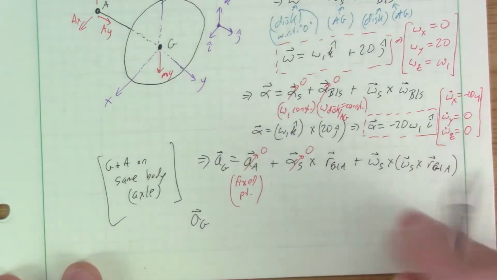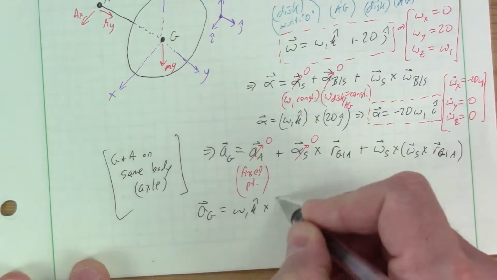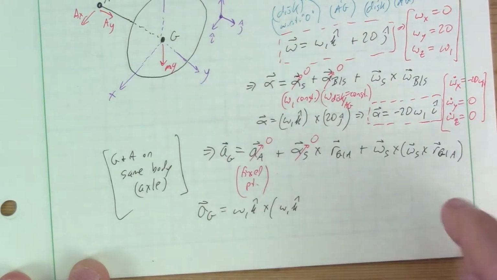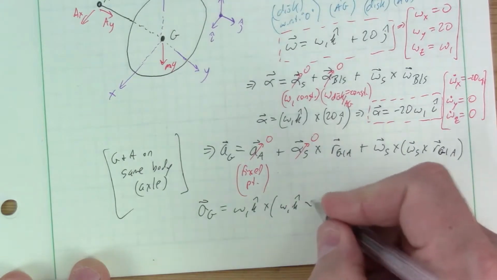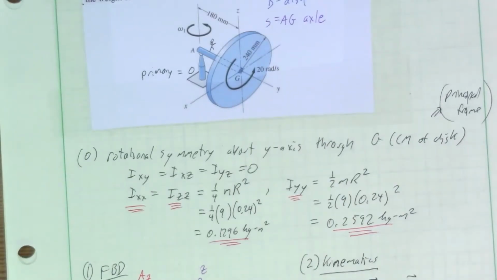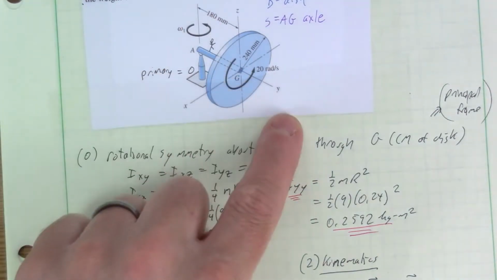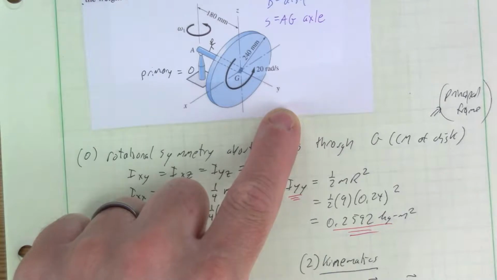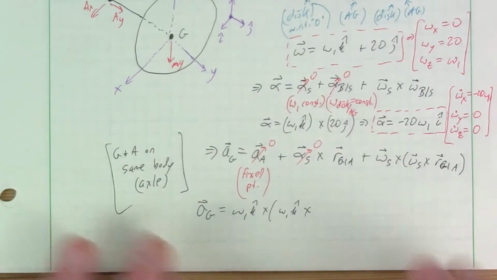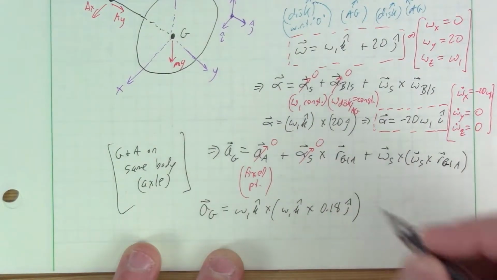a_G, we then get omega 1 k hat crossed into omega 1 k hat crossed into, now what is the relative position vector of G from A? Well, from A we just have to go 180 millimeters down the y-axis, so in the j hat direction, so that's 0.18 in meters. So we'll cross this with 0.18 j hat.